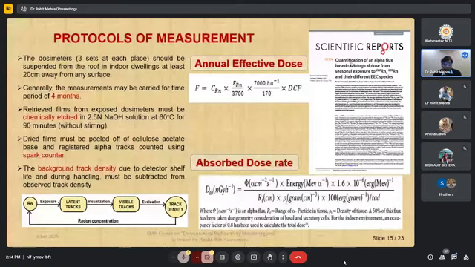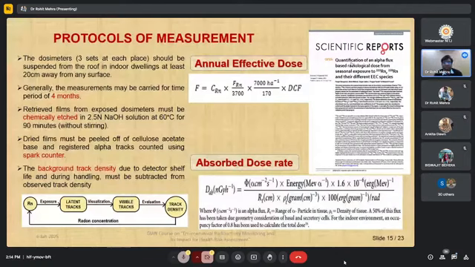seasons available. And then after 4 months, or after 3 months if you are using a 4 months, means 3 seasons channel, or if you are using 3 months as a 4 season channel, you have to remove those detectors and finally do the chemical etching process, which I have already told you, that is around sodium hydroxide of 2.5 normal is used, and at around 60 degrees Celsius for 90 minutes we go for etching so that the tracks become fixed.